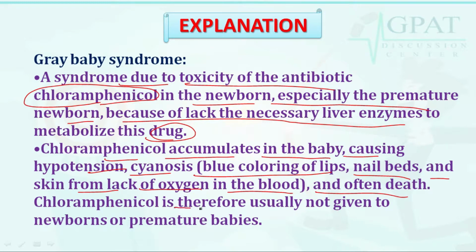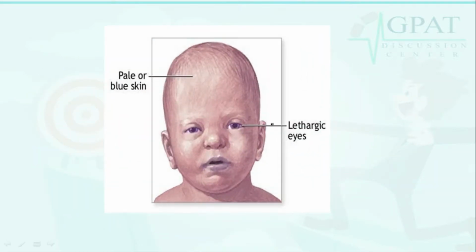It is therefore usually not given to newborn or premature babies. So the correct answer is chloramphenicol. Here we have a simple indication of the chloramphenicol side effect: lethargic eyes and pale blue skin.